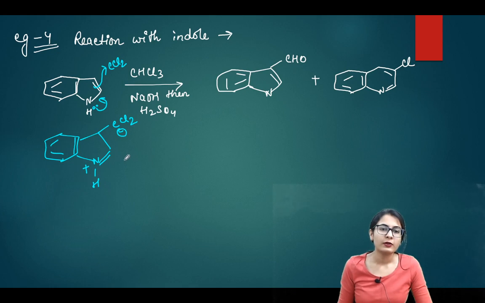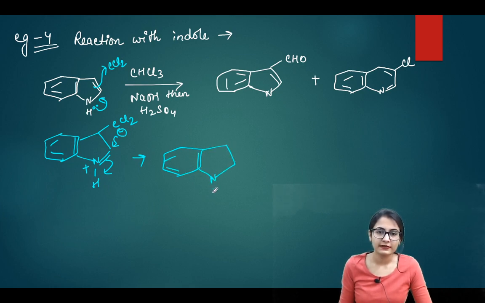This is how it is going to be. Further, it is going to grab a proton, and it can also give us insertion. In this manner, it can also give us insertion. I am drawing a mechanism other than the Riemer-Tiemann mechanism. I am trying to show you the extra product which has formed over here, not writing the Riemer-Tiemann mechanism for now. I have first of all done carbene insertion.